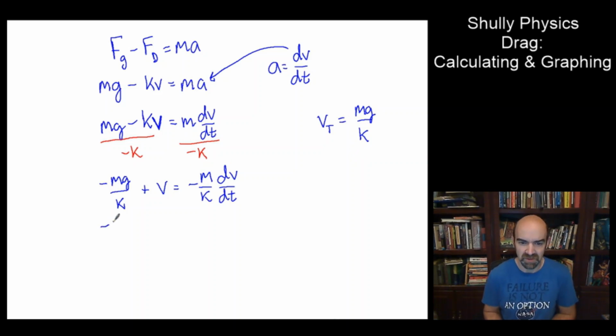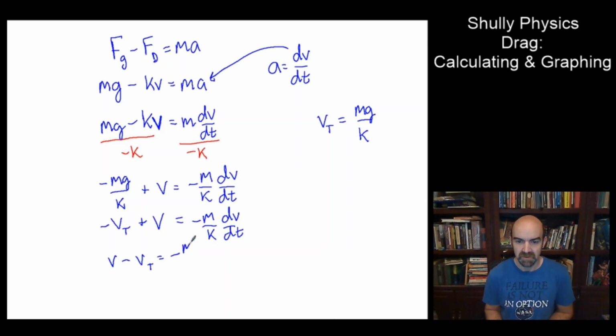I'm going to substitute a negative terminal velocity in here to see that, look, we're adding a constant along with our variable. This side of the expression is in terms of meters per second. This is a velocity. So I got negative m over k dv dt on this side. And just rearrange this to make it look a little prettier, v minus Vt. And we're never going to forget our negatives and such.